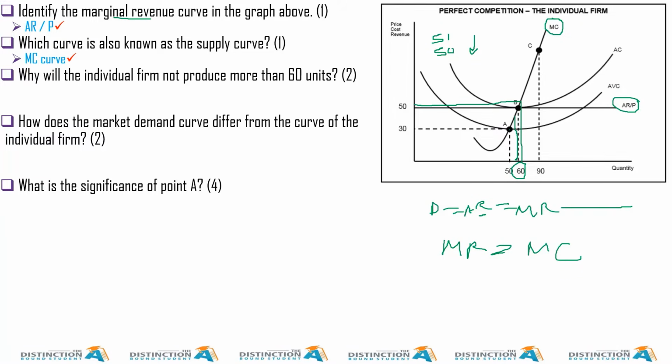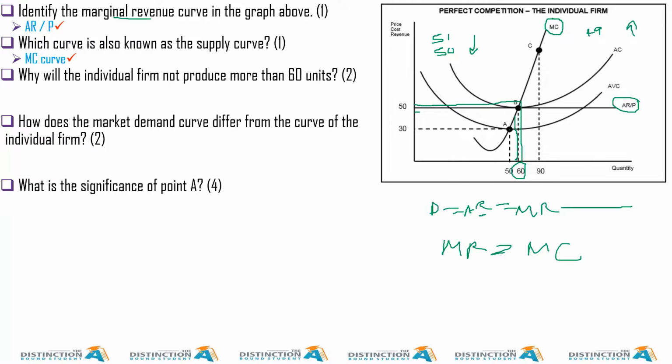What I mean is the previous unit before 60 will probably cost, let's say, 49. So producing the additional unit is worth it because your profit will go up by one rand. So the best is 60. 50 is okay, but is not better than 60. What I mean by 50 is okay is the cost of producing unit number 50 is 30 rand.